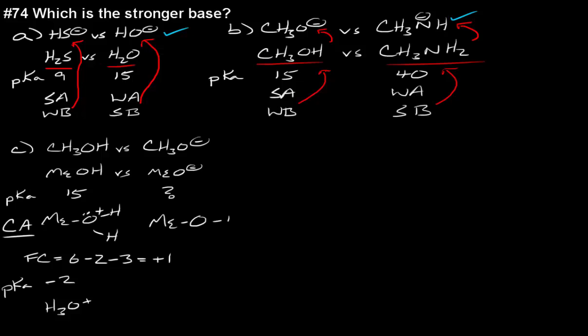Now this oxygen has 1 extra proton, and if we complete oxygen's octet, we can do a formal charge calculation if you want, or you can recognize that this oxygen has 2 lone pairs and 2 formal covalent bonds, and so therefore it's going to be neutral. It's not going to have a charge. So then we can go straight back to thinking about the pKa of just regular methanol, which we've drawn up here. So the pKa of this methanol is going to be 15.